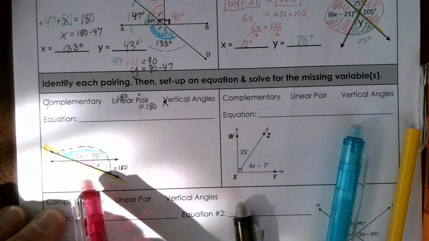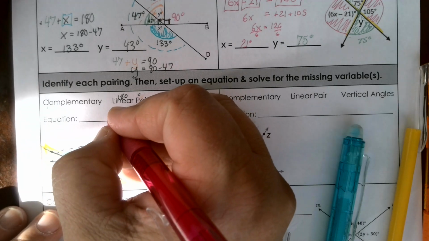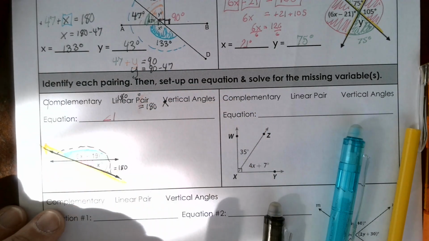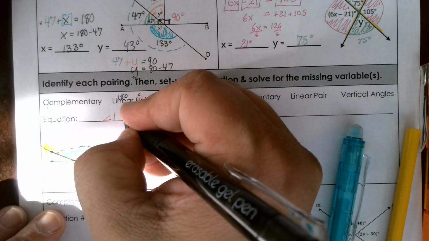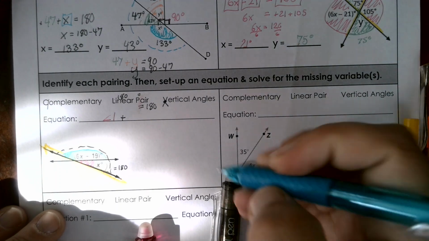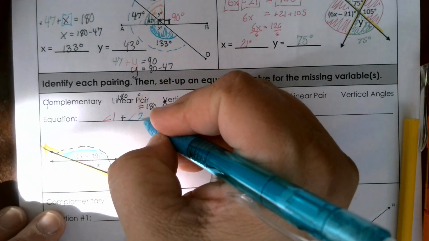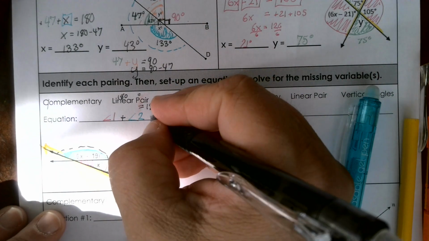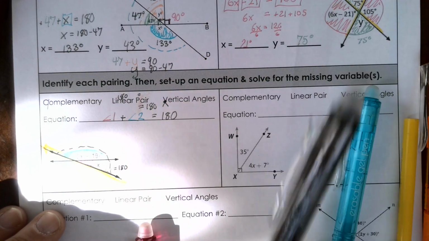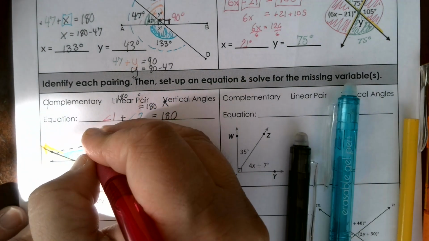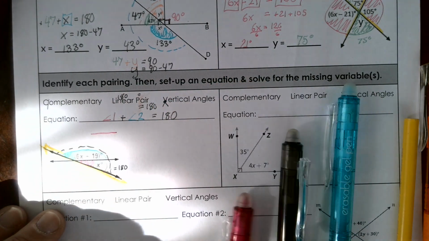That means that this angle, whatever that first angle is, plus the second angle has to be equal to 180. Okay? So you are going to fill in this part, right?